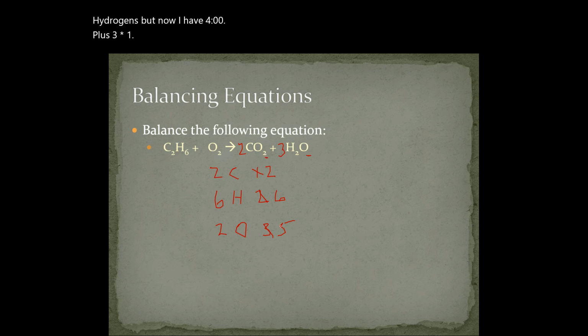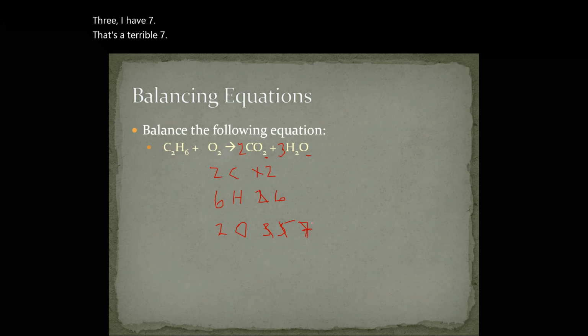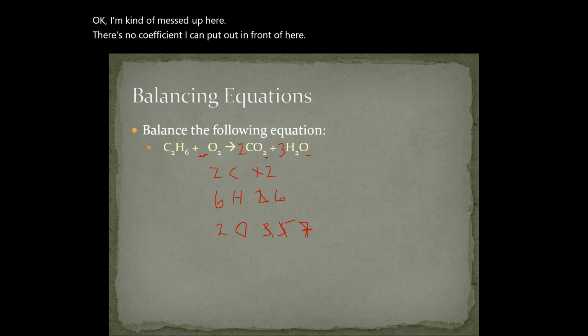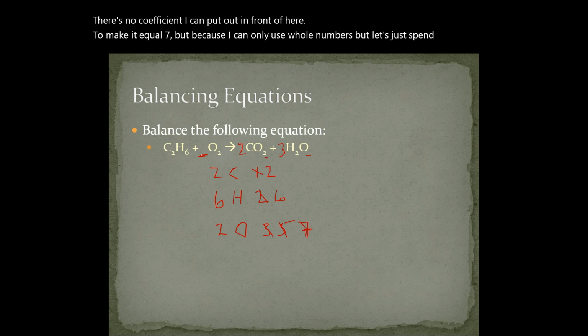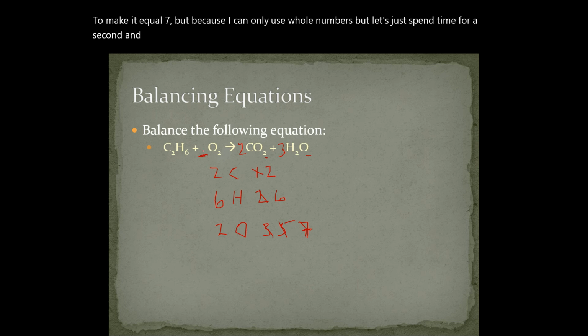I have 7 oxygen atoms. Okay, I'm kind of messed up here. There's no coefficient I can put out in front here to make it equal 7, because I can only use whole numbers. But let's spend time for a second and say, what could I put there?